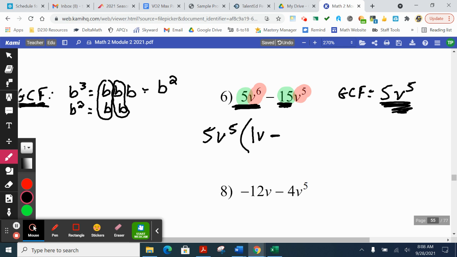What would this number have to be, Caden? Good. That would have to be a 3. And then if I started with 5 v's and I factor out 5 v's, do we agree there are no v's left over for that term? So we close that parentheses. That is our answer. Okay, that's us pulling out the greatest common factor, and what we have left over, there's not much else we can do with. Okay.